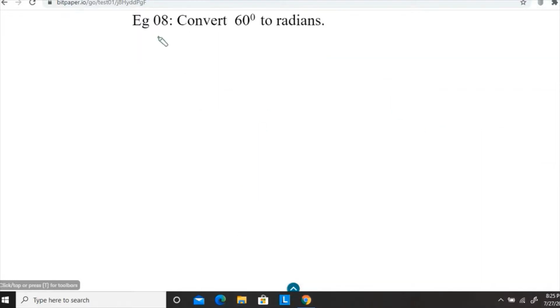Let's look at example number 8. Convert 60 degrees to radians. We know that 360 degrees is equal to 2 pi radians. So if I divide both sides by 360 degrees, I get 1 equals 2 pi radians divided by 360 degrees.